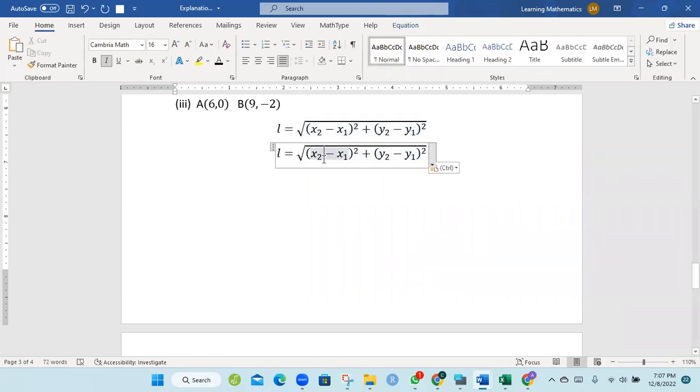The x2 is 9, the x1 is 6, the y2 is negative 2, and the y1 is 0.